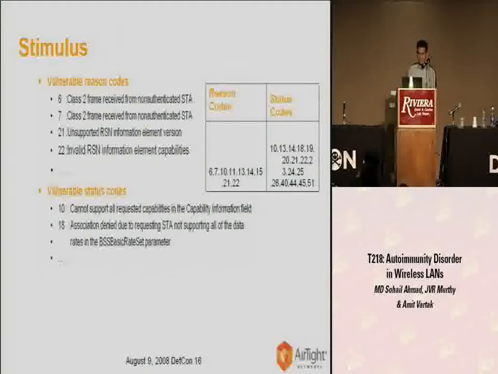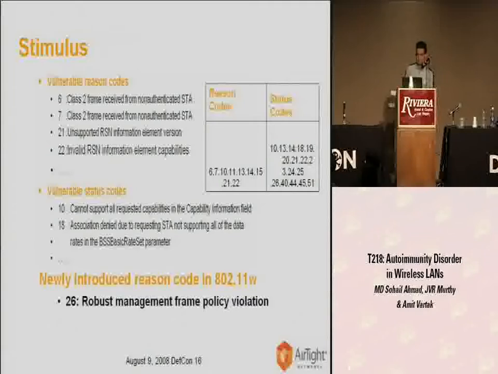And the beauty here is that there are several reason codes and status codes mentioned in the standard. So you have so many packets which can trigger self-DoS in the network. And here is a new member of this family. 802.11w, the latest standard, has introduced one more reason code saying robust management frame policy violation.